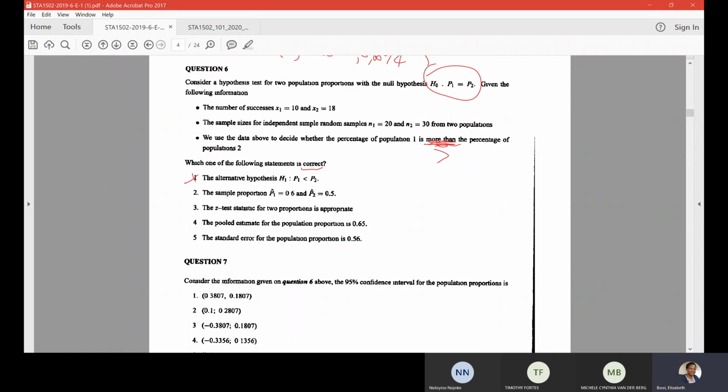And then number 2, what will be the sample proportions? So remember your proportions. P1 we can find by using X1 divided by N1, and P2 we're going to find by using X2 over N2. Is option 2 correct?